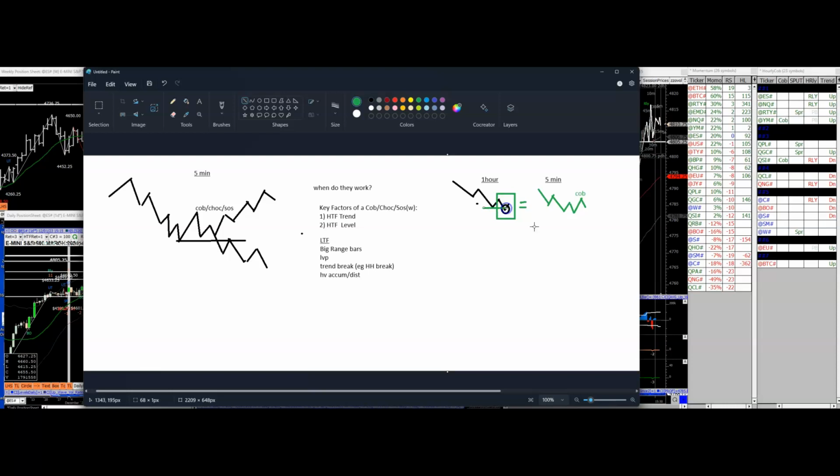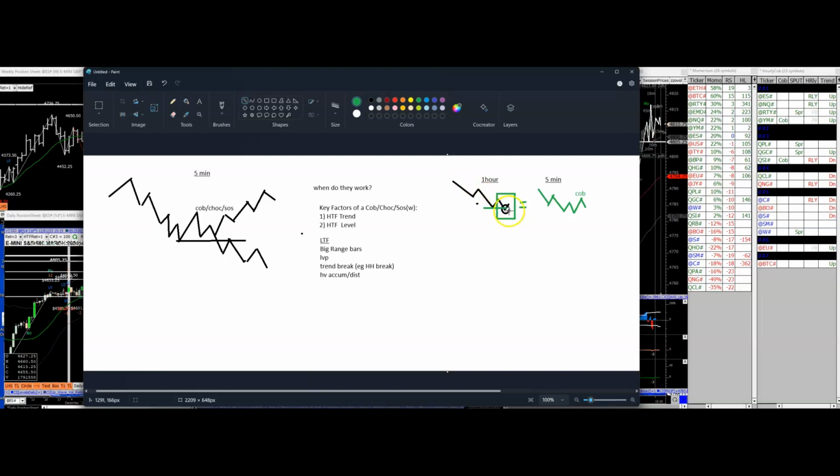Let's say on a spring, for example, like a spring in a downtrend. So here, bing, and it does this. How do you know this is going to work and going to go higher for a short-term pop? One of the things is the trend. This is a downtrend. So we have a change of behavior on a spring in a downtrend.